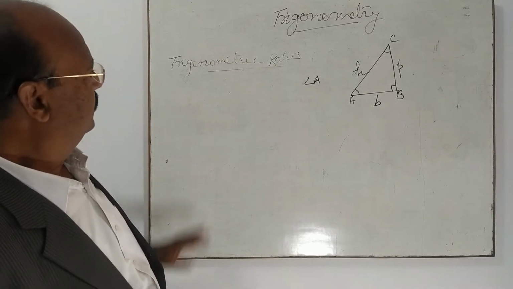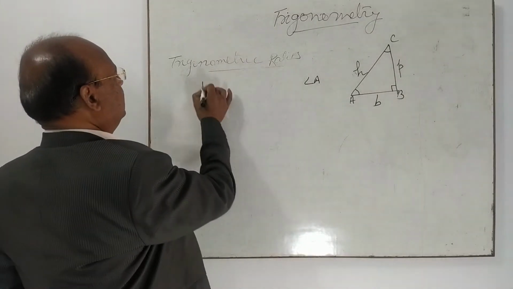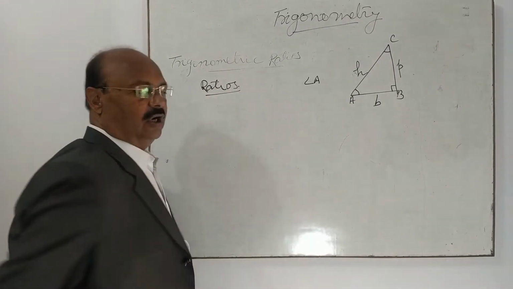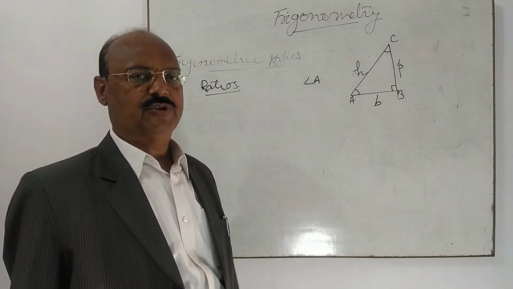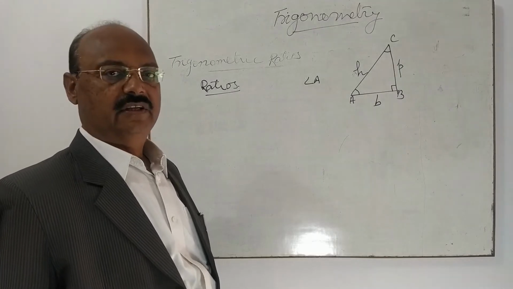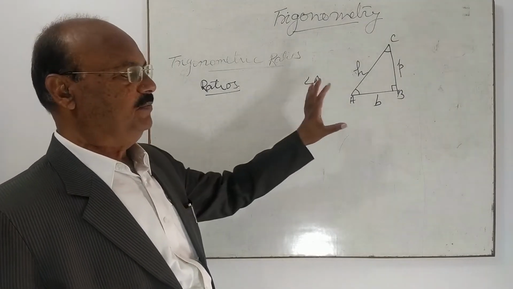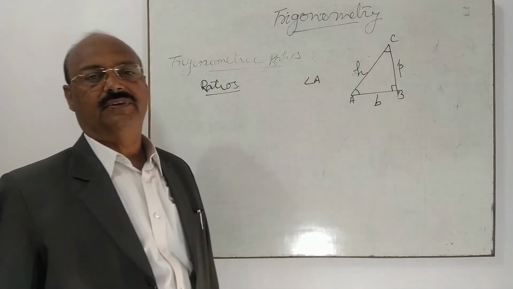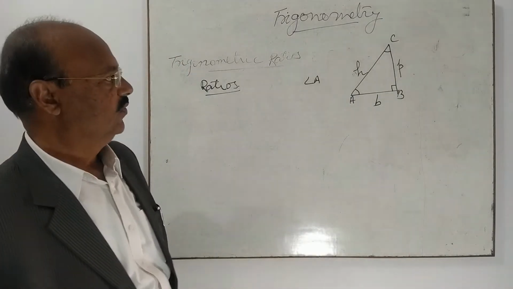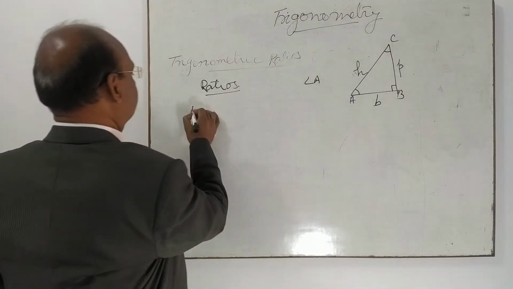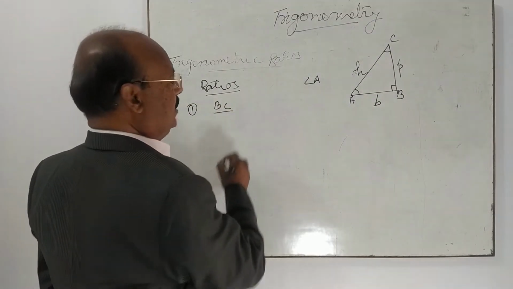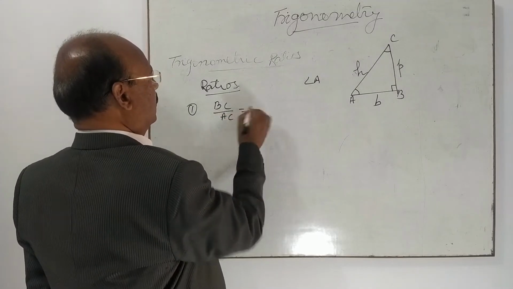So, what are the different ratios of sides here? How many different ratios of sides will be possible here? We will see that there are 6 possibilities of ratios of sides. First, BC by AC.